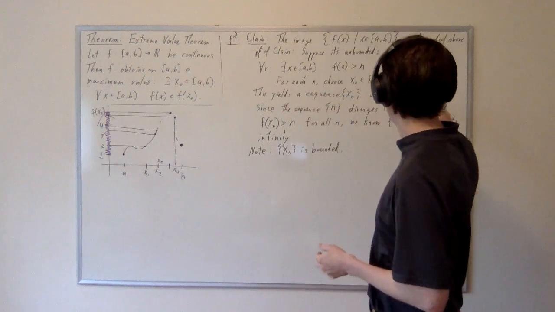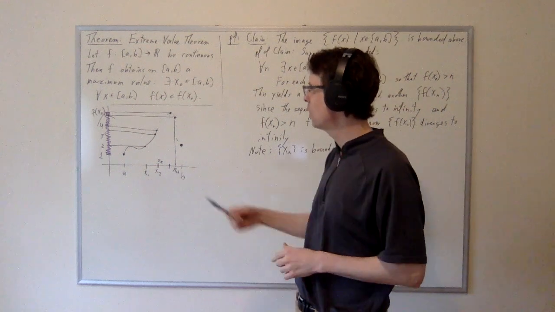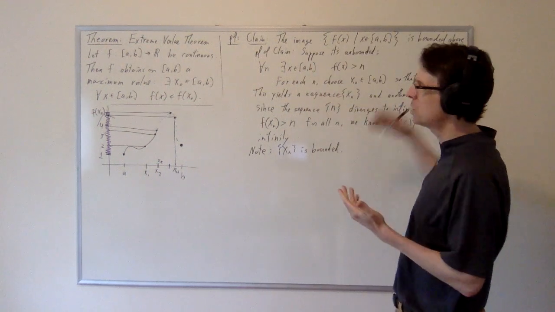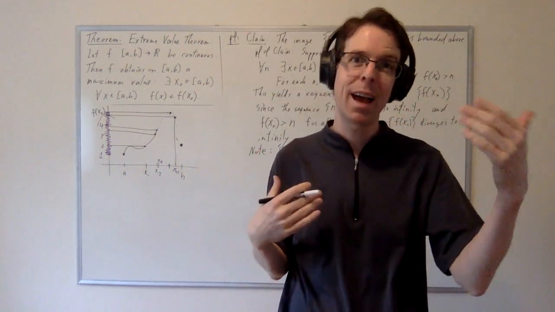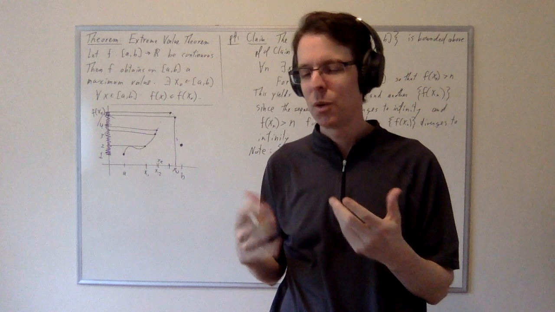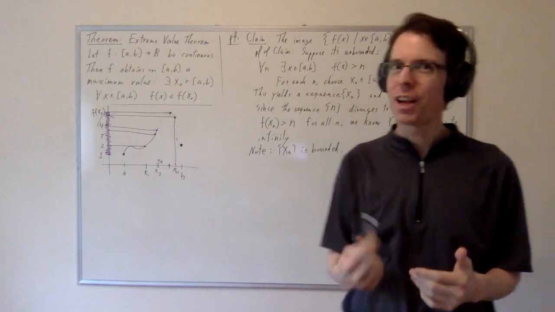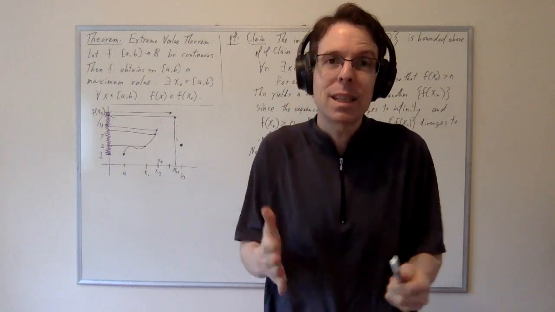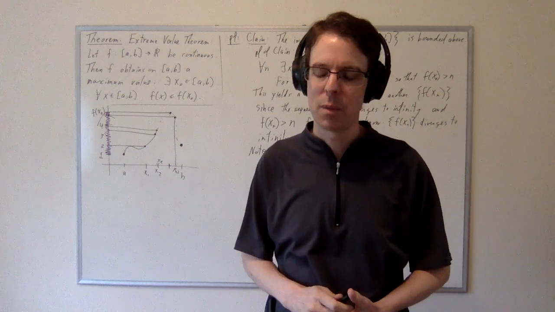The f of xn's are getting larger and larger, but the xn's themselves, even that is not necessarily true. If one is greater than 5 and the next is greater than 6, and it's working ahead and is already greater than 10, who knows what could happen. So the f of xn's at least look like an increasing sequence, although there's no actual guarantee of that in this proof. The xn's themselves are not necessarily increasing, and they're not necessarily decreasing.